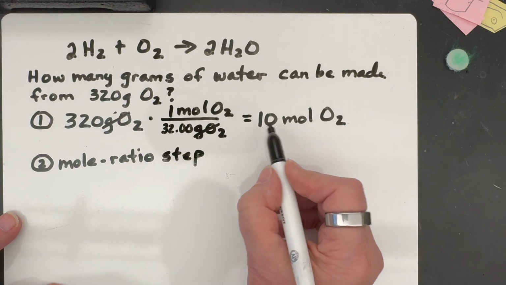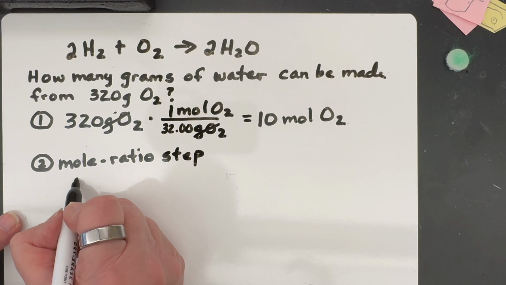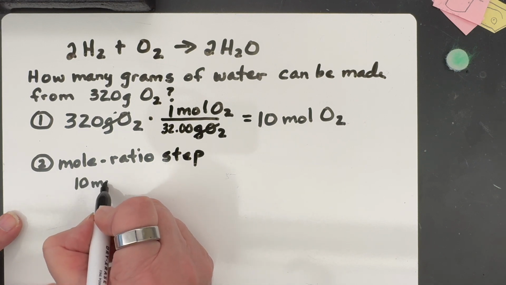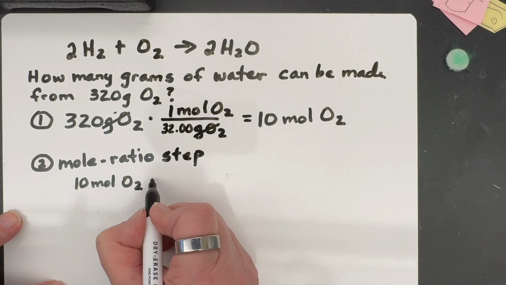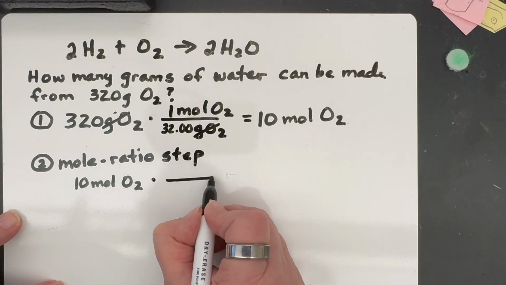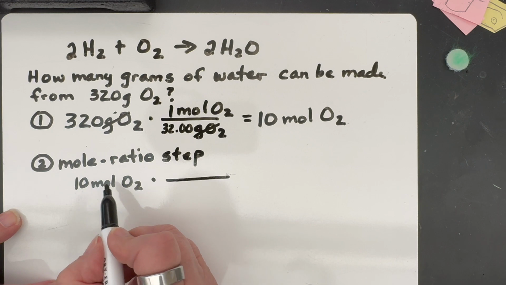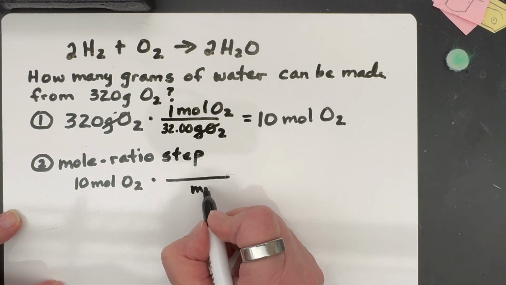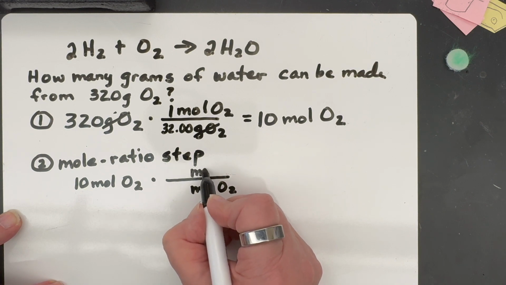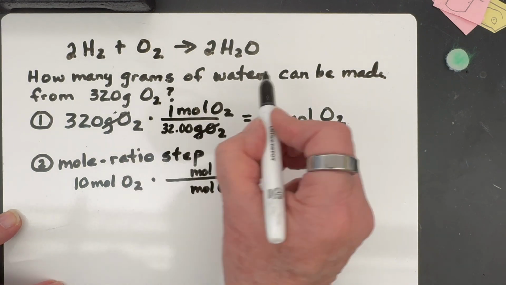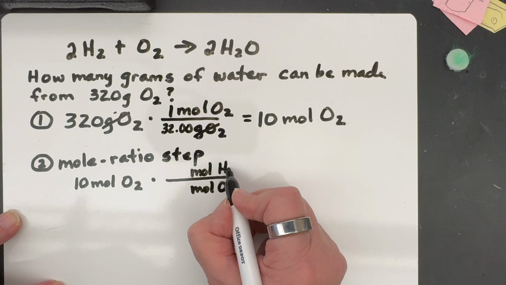So we start with our answer to this last one, which was 10 moles of O2. And we're going to multiply that. We want moles of O2 on the bottom so that the unit cancels. And we're trying to find out about water. So we want moles of water on top.